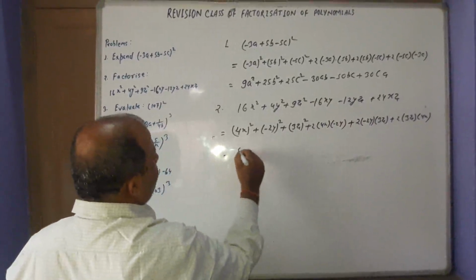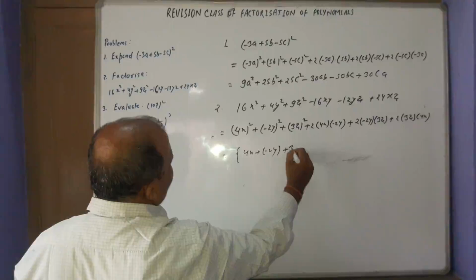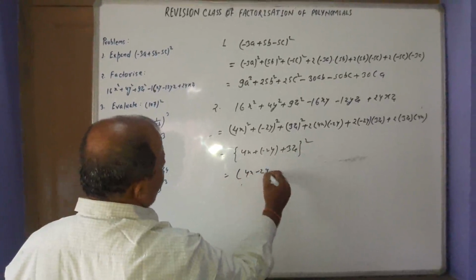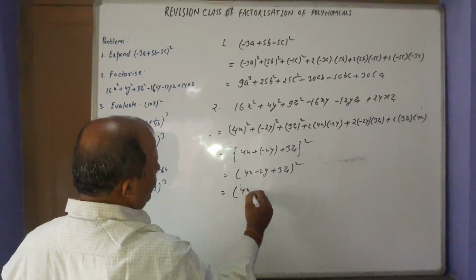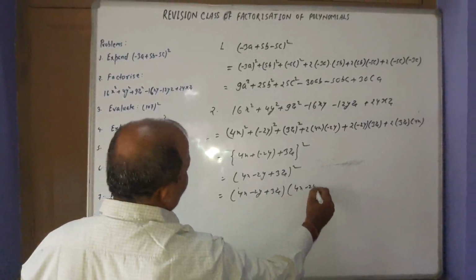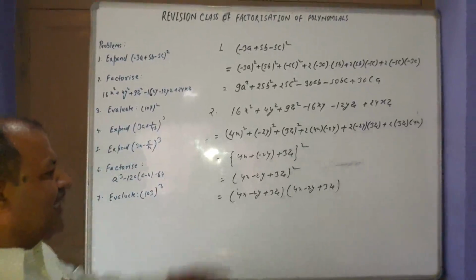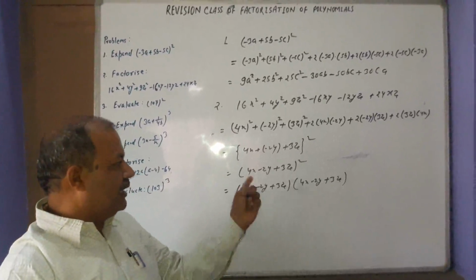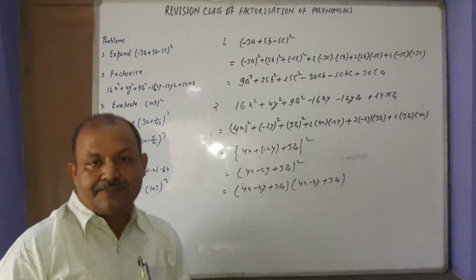In this way this will be the square of 4x plus -2y plus 3z, and this will give a square of 4x minus 2y plus 3z, and therefore we may write (4x minus 2y plus 3z) into (4x minus 2y plus 3z). Because you are factorizing the given expression, the result should be in factors. That's why I have written the same term twice, because it is a square.